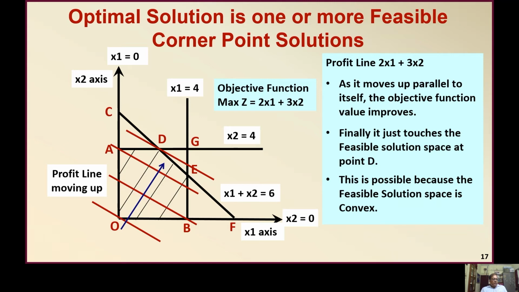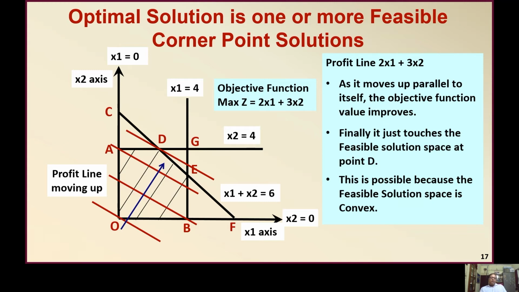It's very clear because it passes through the origin. The origin value is (0, 0). If I put 0, 0 in the profit line, it is going to be 0. That means here the profit is 0. As the profit line moves parallel to itself, away from the origin, in the first quadrant, the profit goes up. Here it is 0. Here it is 8. So as the profit line moves parallel to itself, the profit goes up.